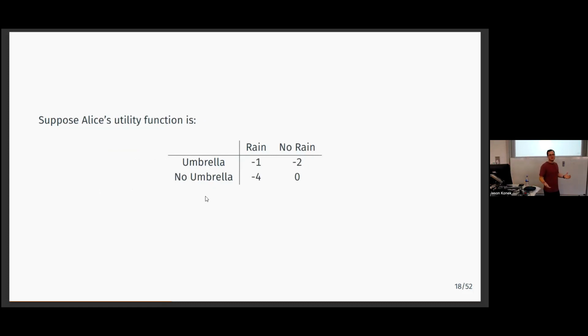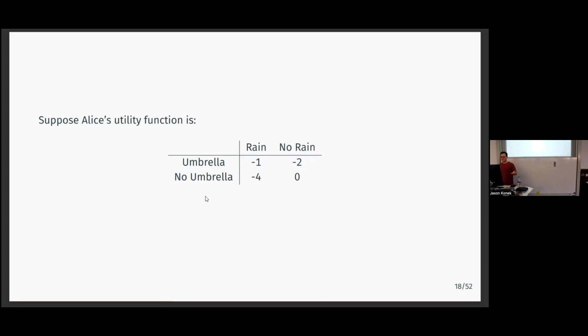Here we'll take her payoff matrix and massage it a bit. If it rains, no matter what, it's unpleasant that it rained. You can't do anything about it. So let's say you bring an umbrella and it rains, that's the thing to do when it rains, but you're already down a util or $1 because it rained, which is unfortunate.